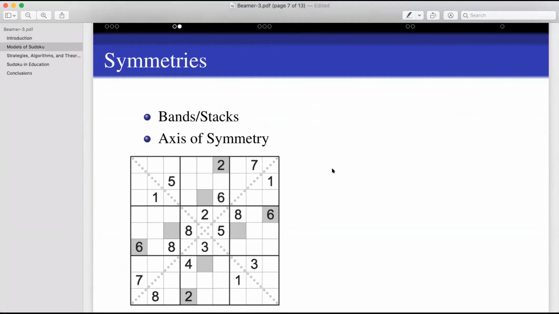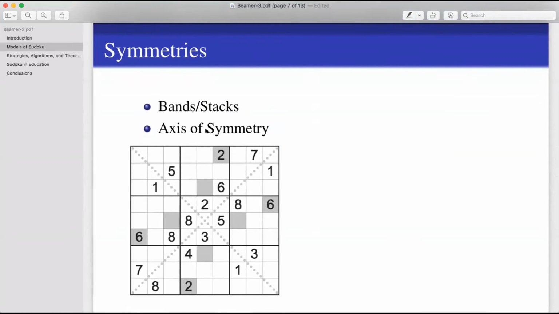You can also model Sudoku puzzles by symmetries using the bands and stacks and the axis of symmetries. The rows of the 3 blocks are called bands, and the columns of the 3 blocks are called stacks.